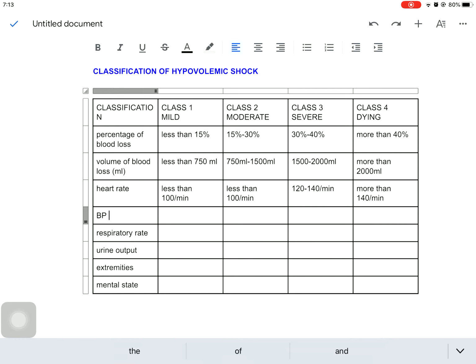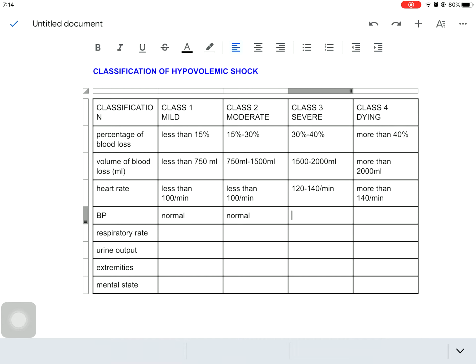Then we are going to see the blood pressure for all the classes. For class 1, the blood pressure would usually be normal. For class 2, sometimes they have normal blood pressure, sometimes they are slightly hypotensive, but usually they are normal.